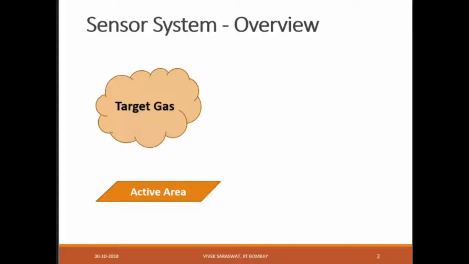We expect an active area of the sensor, and there is some target gas concentration in the ambient. There will be processes like reaction and diffusion near the sensor area.